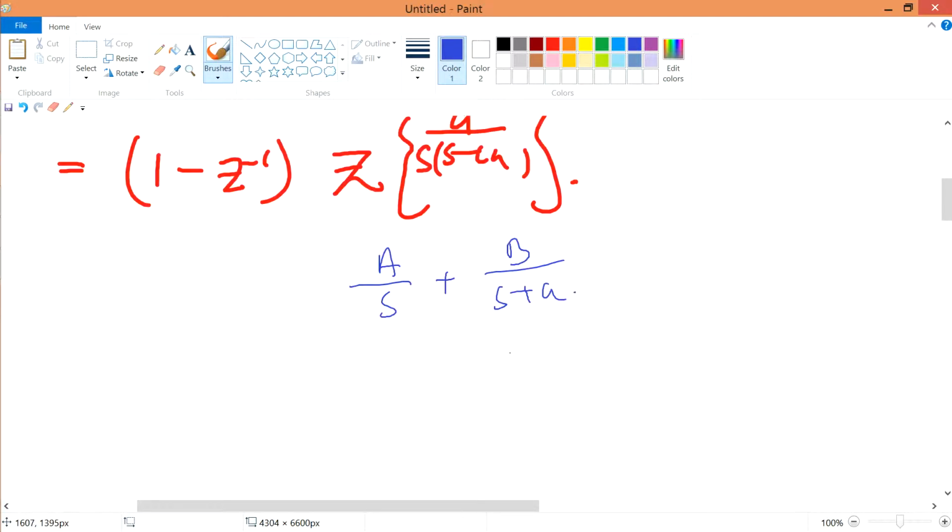Over here it requires the cover-up rule. The cover-up rule says that if s is equal to 0, I just cover up this particular portion, because this portion over here belongs to a over s, and this portion over here, s plus a, belongs to here.